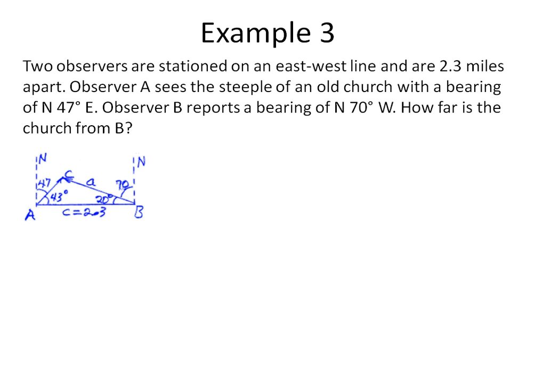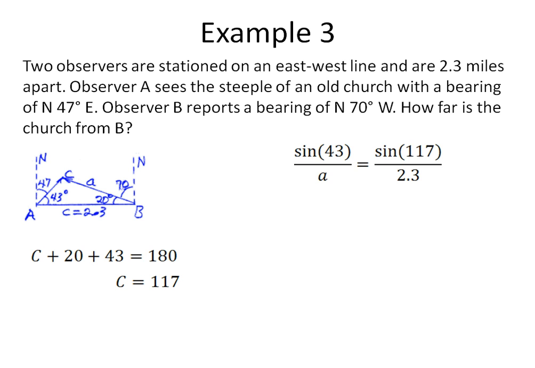So now we can solve this using the law of sines. Okay? So C plus 20 plus 43 equals 180. So if we subtract the 20 plus 43 from the 180, that gives us C is equal to 117 degrees. So this means that the sine of 43 degrees over the length of A is equal to the sine of 117 degrees over the distance between A and B, which is 2.3.